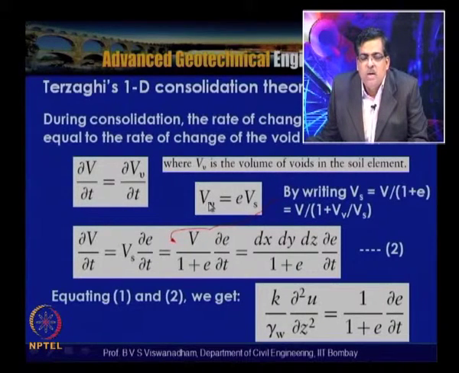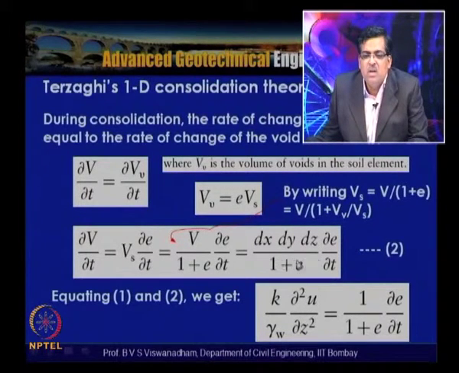So for ∂V by ∂t, we substitute Vs, which is rearranged as Vs is equal to V by 1 plus e, since e is equal to Vv by Vs. So the volume of the solids is written as V by 1 plus e into ∂e by ∂t, and V is nothing but dx dy dz, so this is dx dy dz by 1 plus e into ∂e by ∂t.